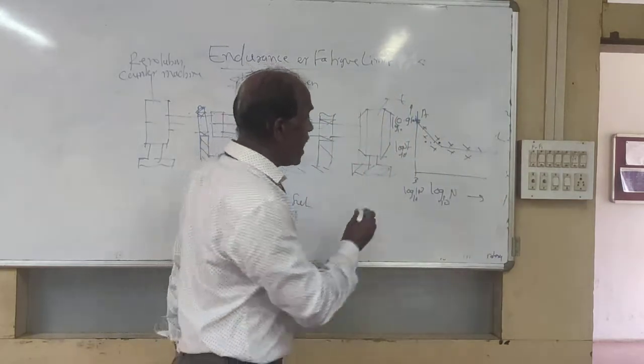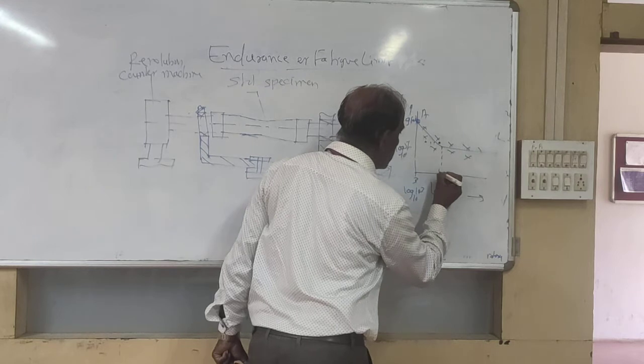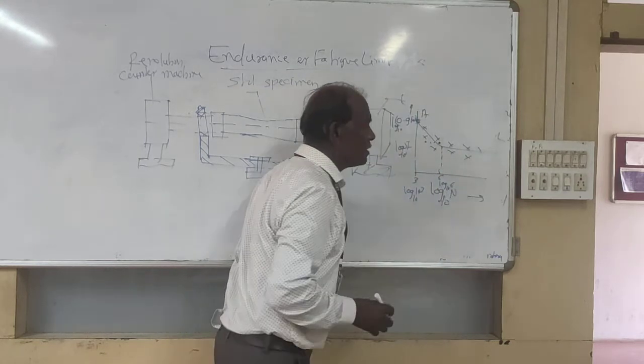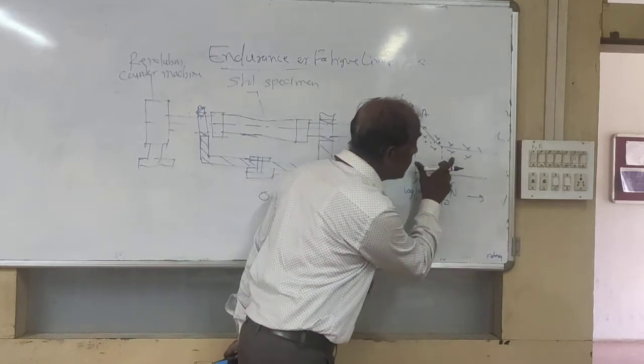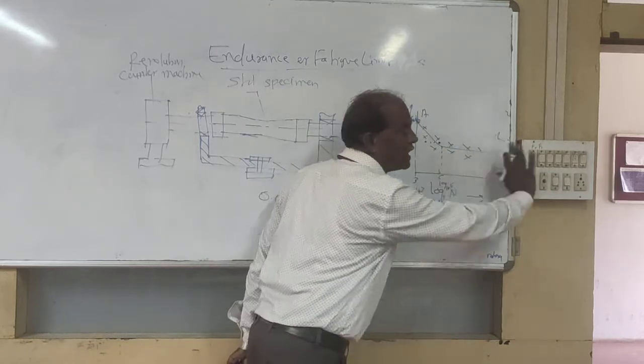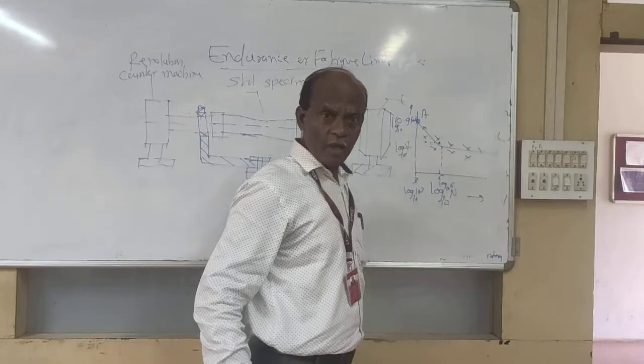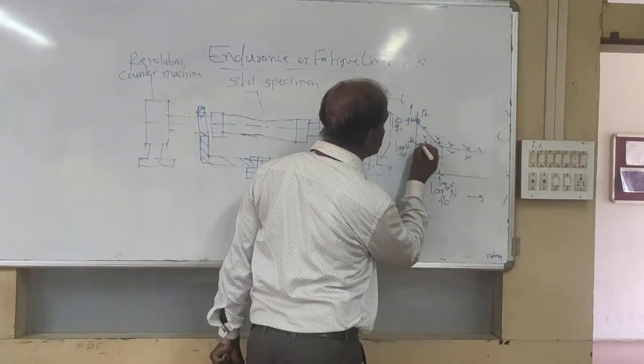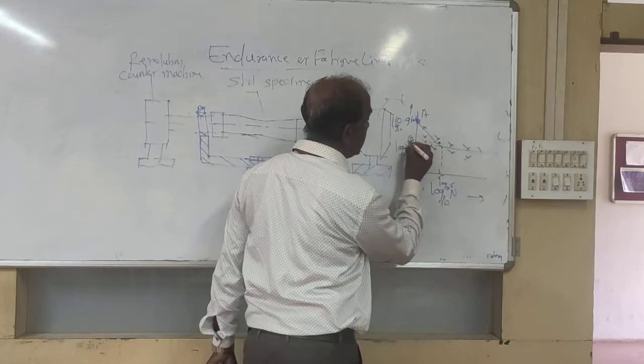It is observed that at this point, log to the base 10 of 10 to the 6, the graph becomes asymptotic, a straight line. What is the meaning of that? The corresponding stress value gives S-E, the endurance strength.